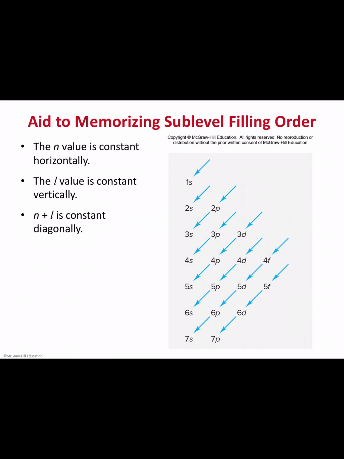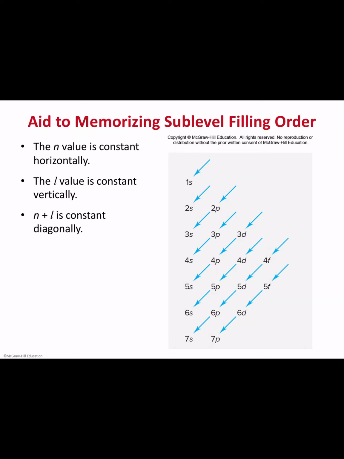Now we need to know, when we come to higher elements, how do we fill up the number of electrons in a particular element? This order or diagram will help you memorize the sublevel filling order. It's very easy to put together.